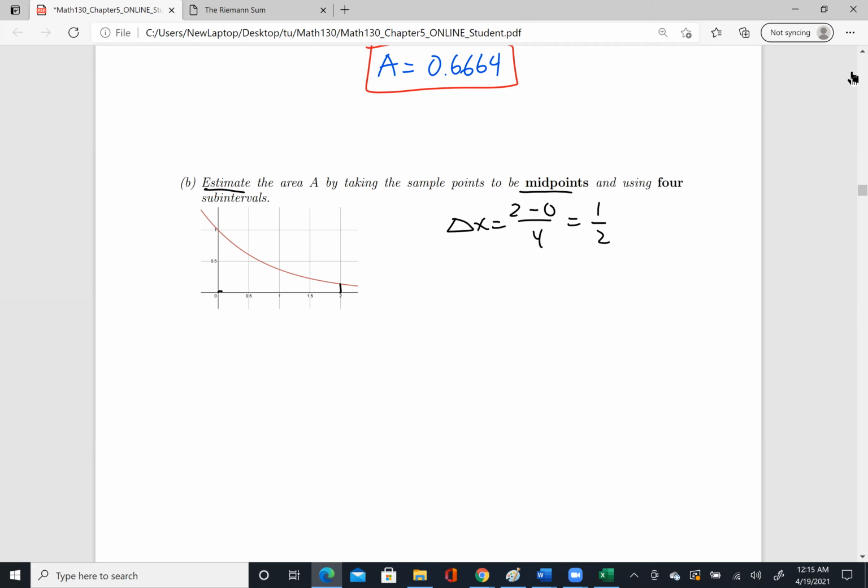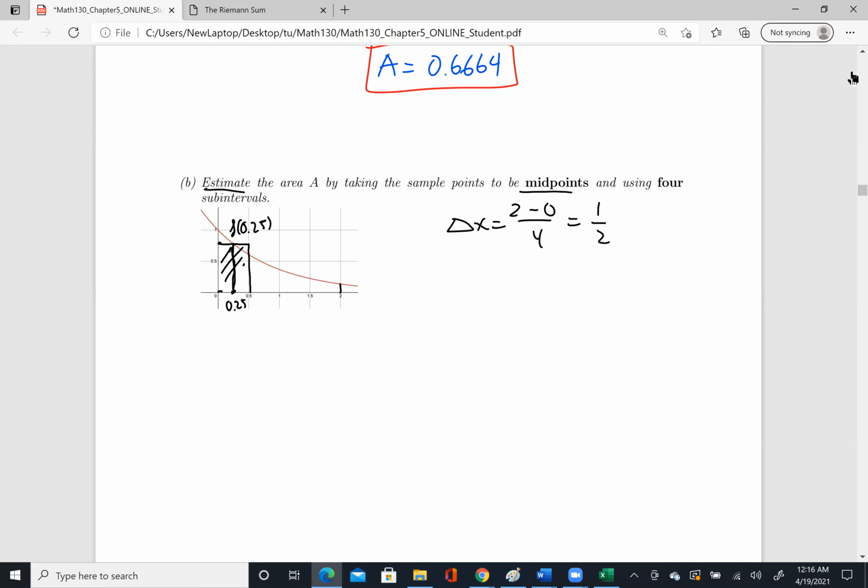Now for each midpoint, the first one is 0.5 plus 0 divided by 2, which is 0.25. It's using this midpoint, so the height of this interval is going to be f of 0.25, and I have this first rectangle.